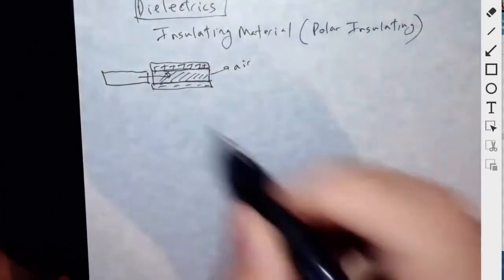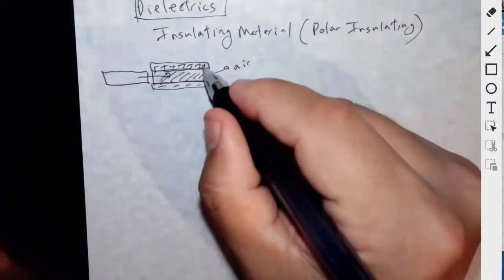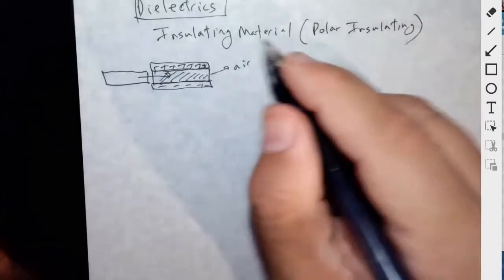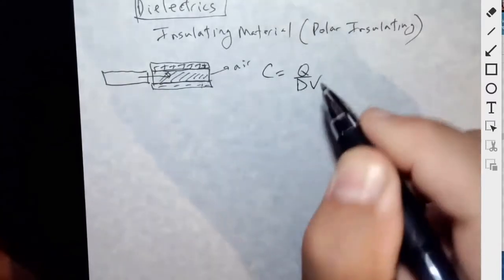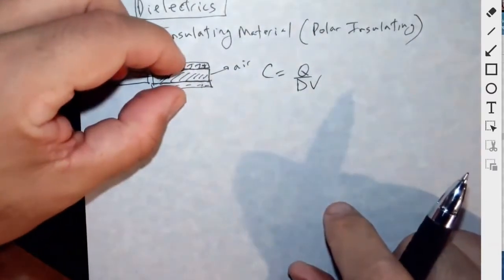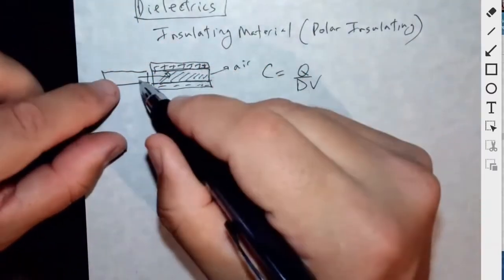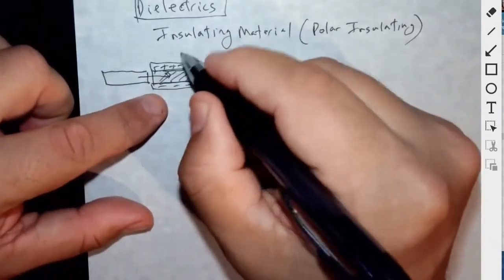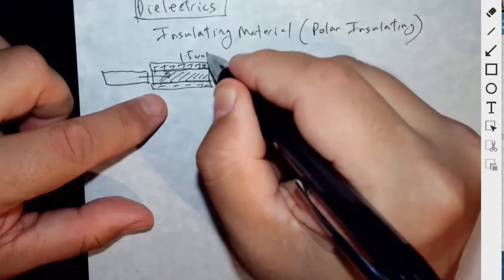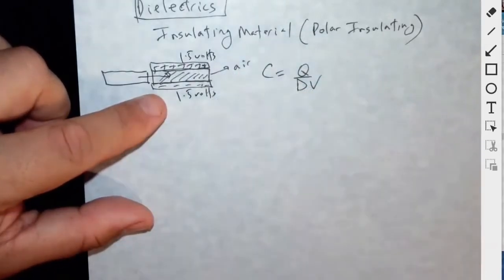So what the dielectric material will do is it's going to take the voltage across that. If I have the capacitor disconnected from the battery, let's say I've already charged this capacitor to 1.5 volts, right?